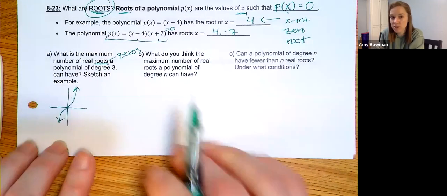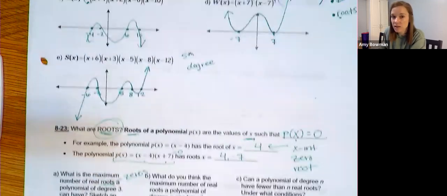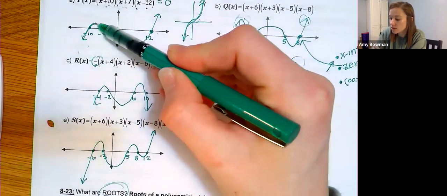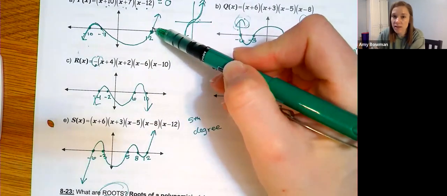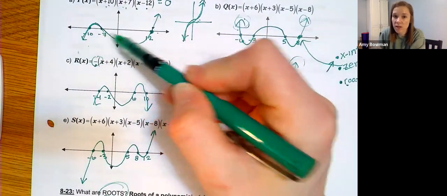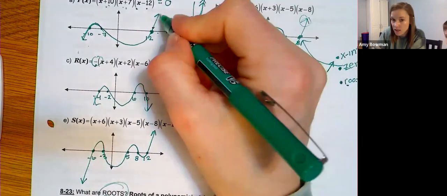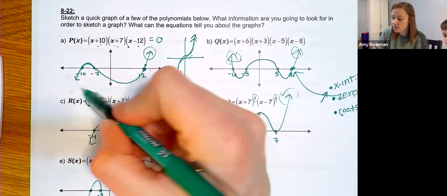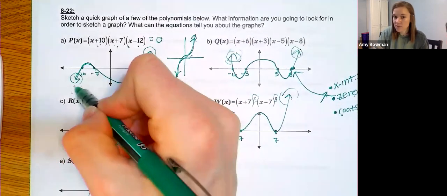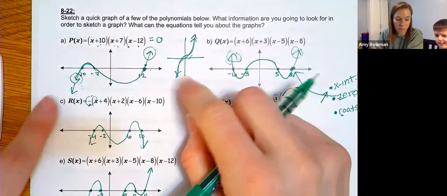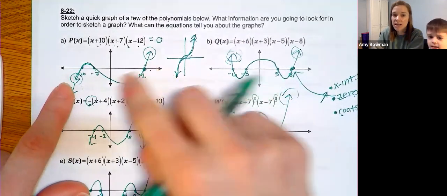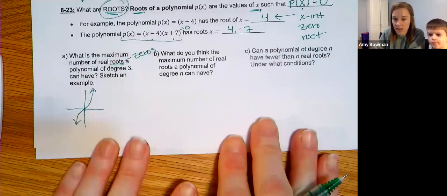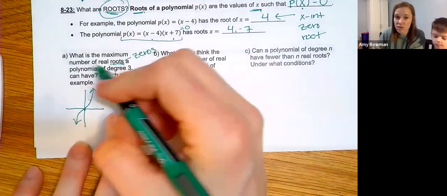We've seen situations like this already. Right here is a third degree polynomial, and we see it crossing through the x-axis 3 times. So 1, 2, 3. But because this is continuing on infinitely up towards positive infinity, and this is continuing down towards negative infinity, it's never going to curve back up and touch that x-axis again. So the highest number of roots that a third degree polynomial can have is 3.